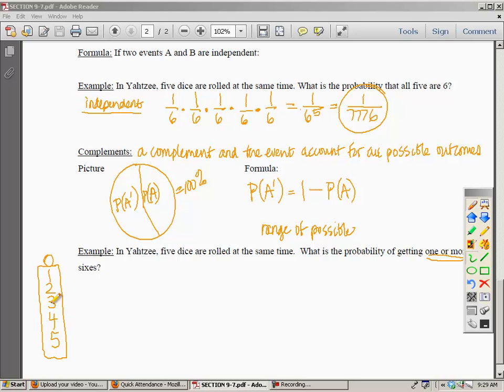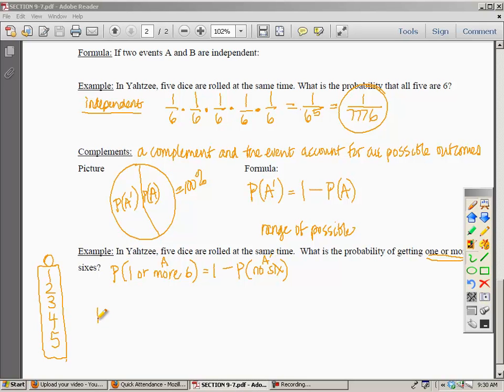I'm not interested. Instead of saying the probability of 1 or more 6s, I'm going to say 1 minus the probability that I don't get any 6s, because instead of finding all of this, it's easier to find 1 and subtract it from 100%. So this is my A that they're looking for. No 6s means A prime.